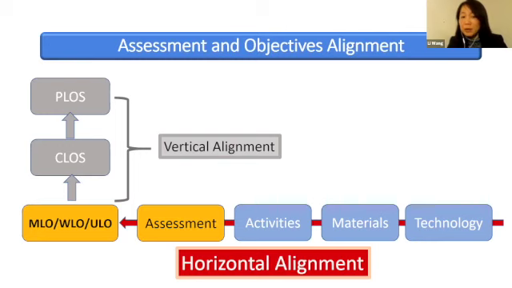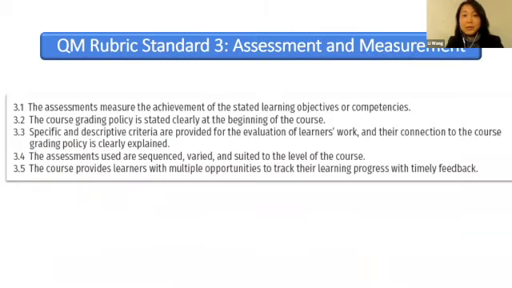And for the horizontal alignment, every week, module, or unit, depending on how you organize your courses, all these components like assessment, activities, materials, and the technology support each week's learning objectives or module objectives.